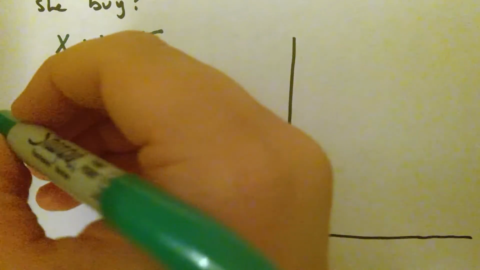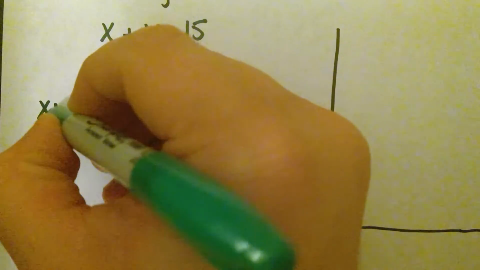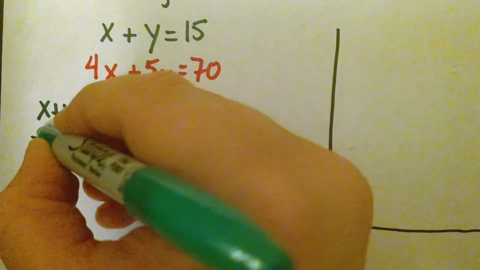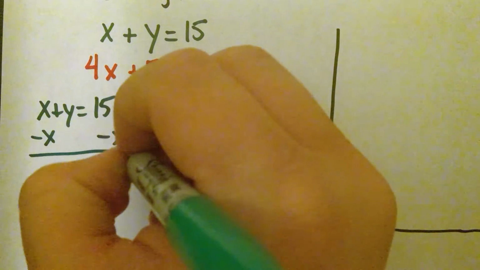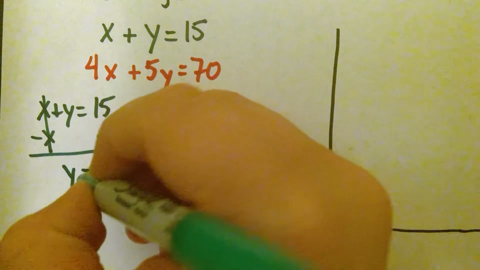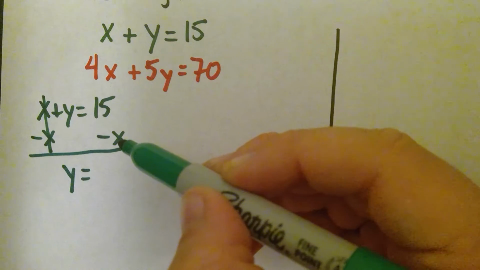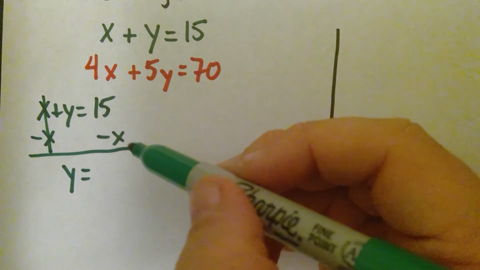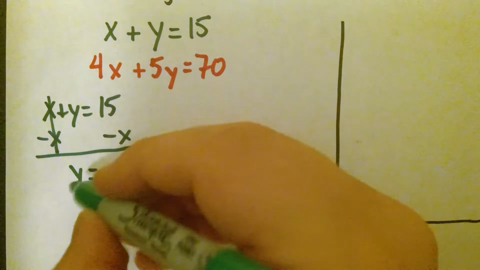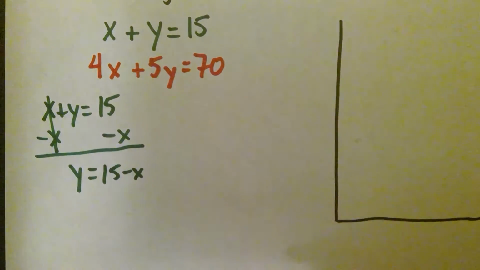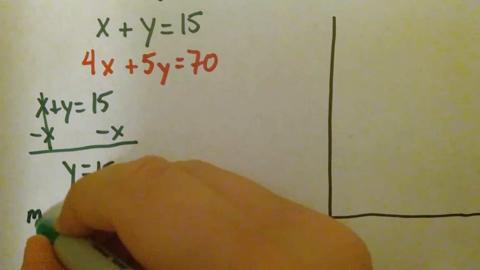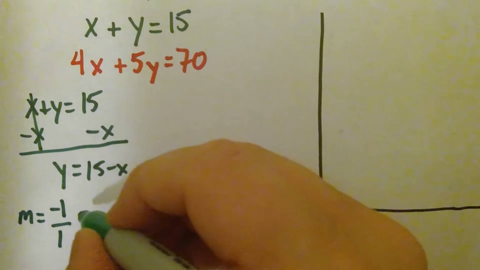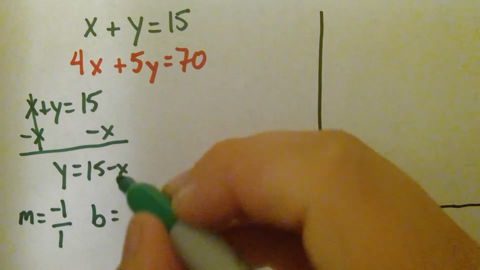So what's in green, we have x plus y equals 15. So I want to get y by itself. Now 15 and minus x, are those like terms? They're not, since one does not have a variable in it, so we have to keep those by themselves, so y = 15 minus x. Now with what's in green, I have a slope of m equals negative 1 over 1, and my b, the number by itself, is 15.